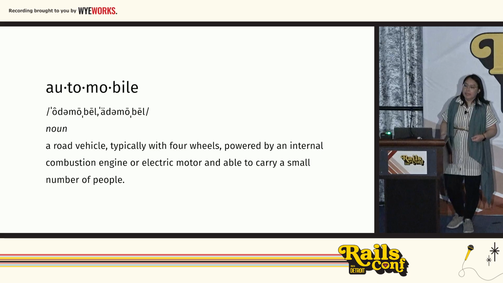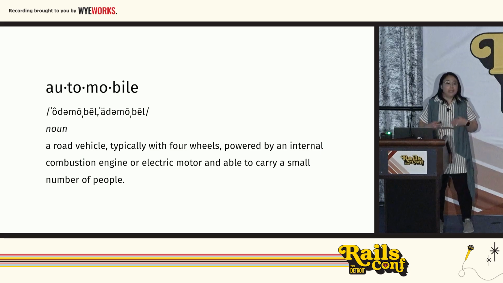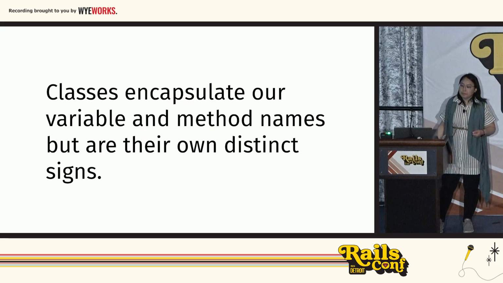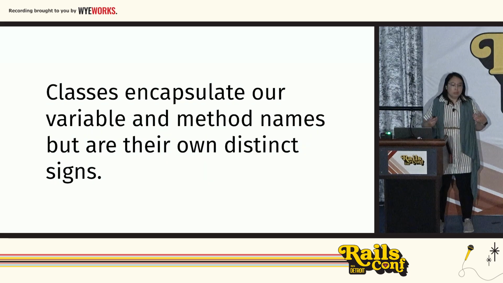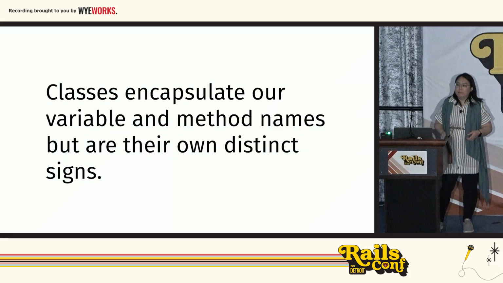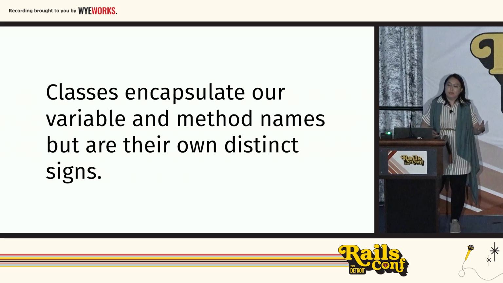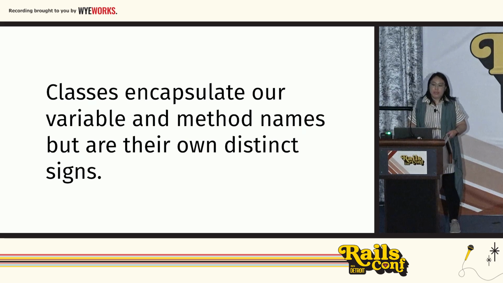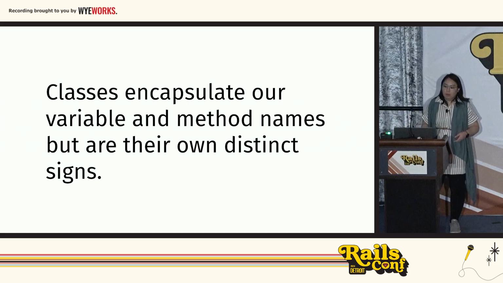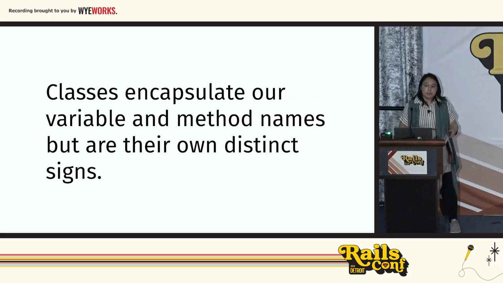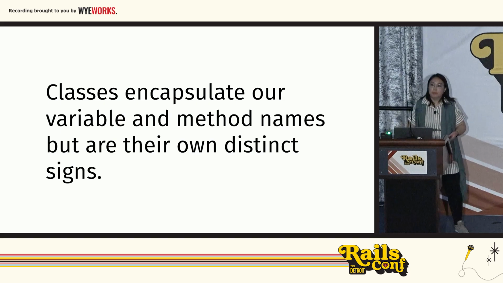So even though it contains signs, it is now its own sign, distinct from its parts. So classes encapsulate our variable and method names, but are their own distinct signs. And just as we saw with the variables, the introduction of new named classes will alter the existing names signified. Relationships between higher level signs like classes matter just as much as lower level signs like variables and methods.